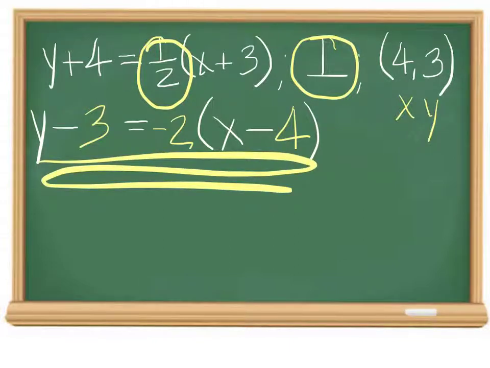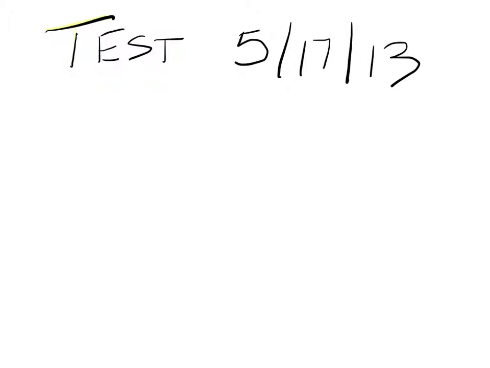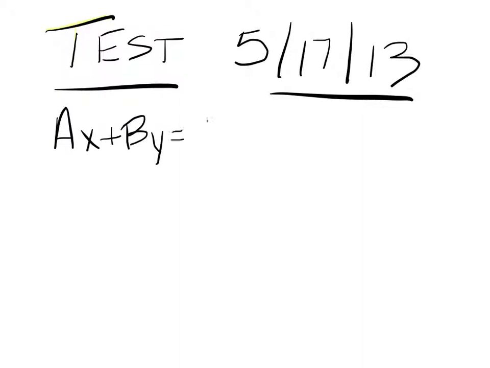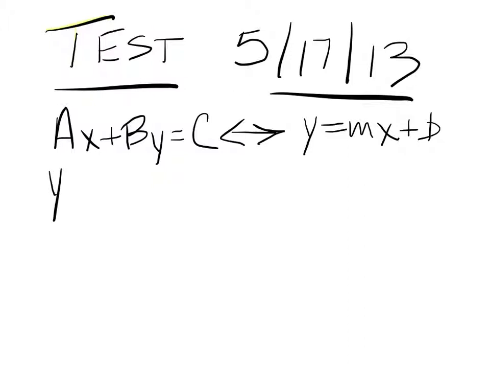For your test tomorrow, which is going to be on 5/17/13, the very last day of the school year, your test will start with this: ax plus by equals c, and you have to be able to change that to y equals mx plus b, and vice versa. You must be able to change point slope form into slope intercept form.